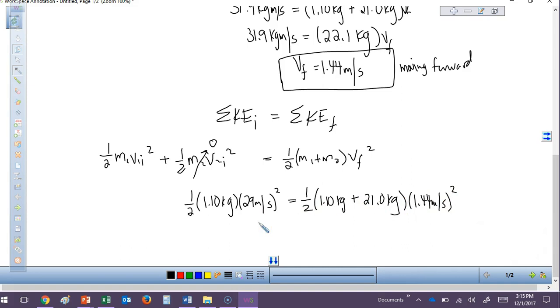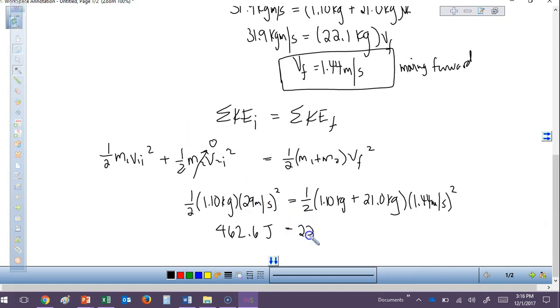Okay, let's find out our energy. So 1/2 times 1.1 times 29 squared. Our initial energy of the system was 462.6 joules, if I round. Then 0.5 times 1.1 plus 21 times 1.44 squared.